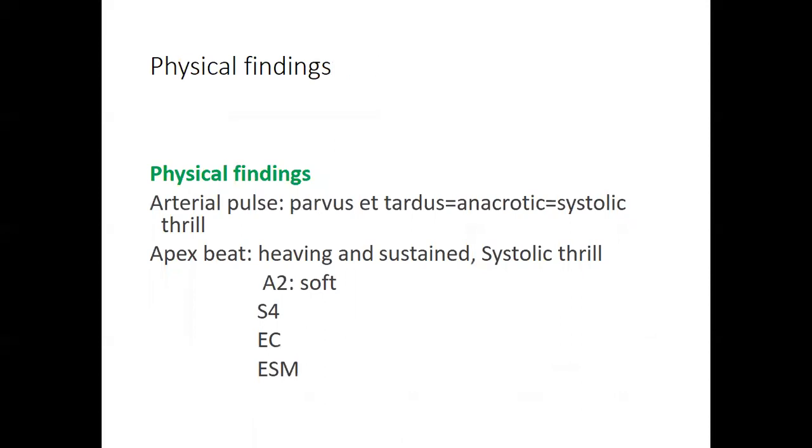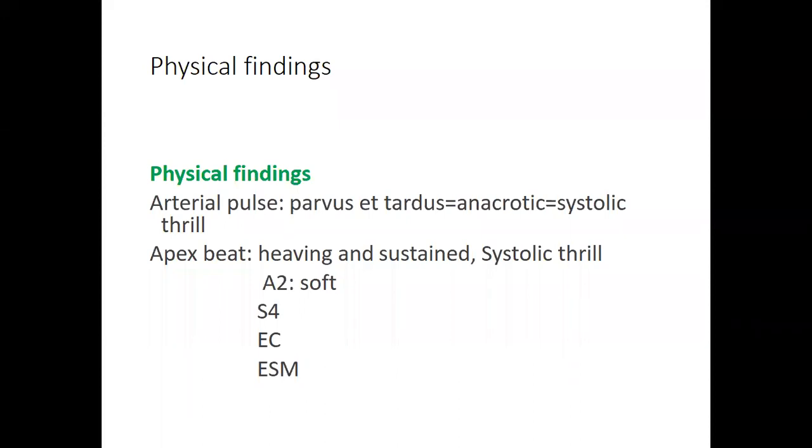And if you examine these patients, what findings can you see? You will find the pulse, and the typical pulse of aortic stenosis is known as pulsus parvus et tardus. This is the name given to the slow rising pulse of aortic stenosis.